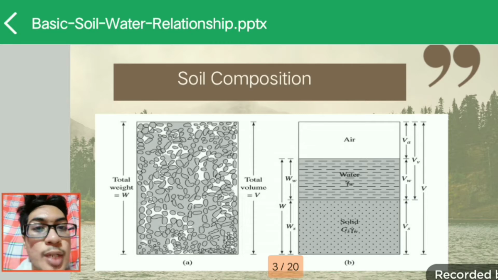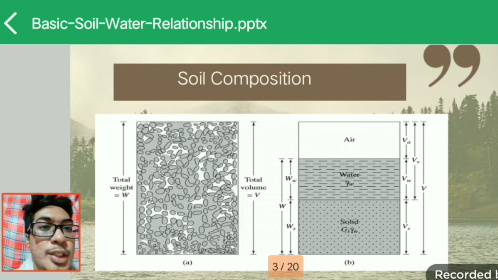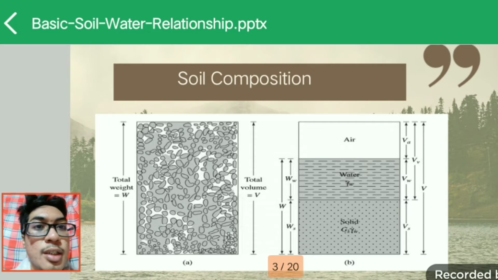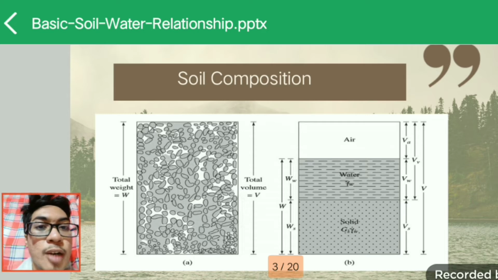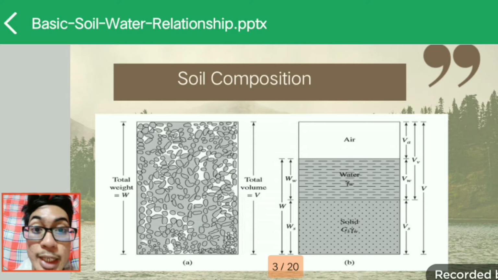If I ask you what the phases are in this particular soil sample, you will probably say there are three phases: solid, liquid, and gas. In this normal state, all the phases are mixed together. The solids are mixed up with water and the air, the gas.